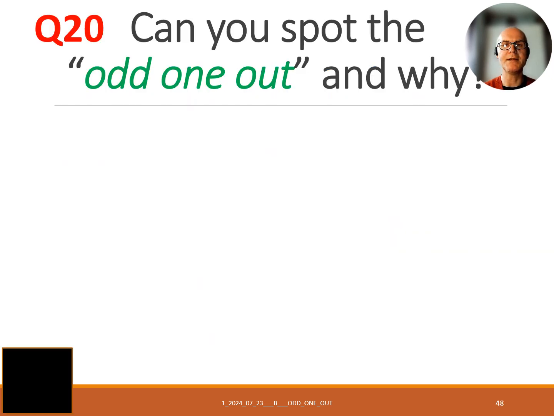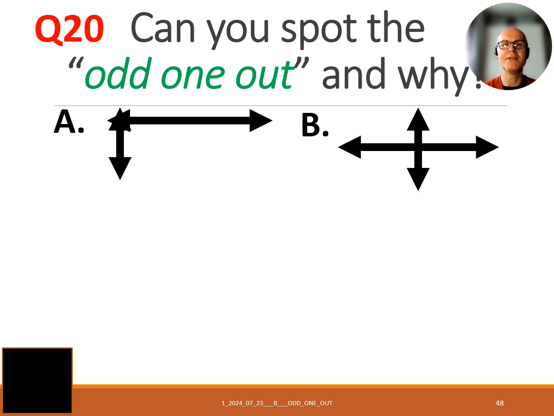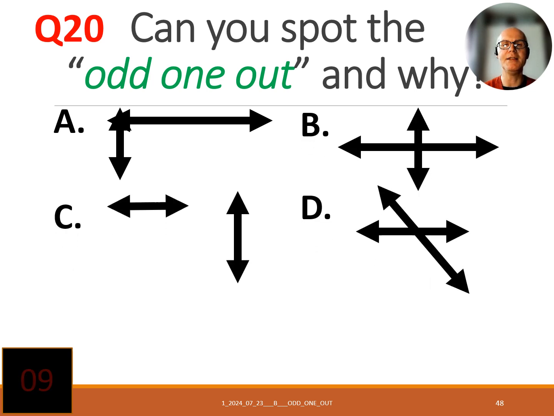Here's question 20, the last one. You just need this one to get 100%, don't you? These two lines, these two lines, these two lines, and these two lines. Which pair of lines are not perpendicular?